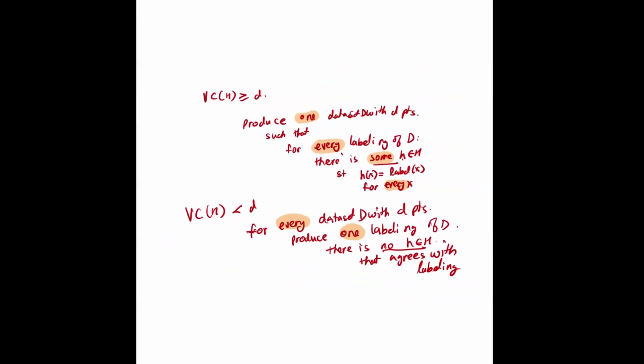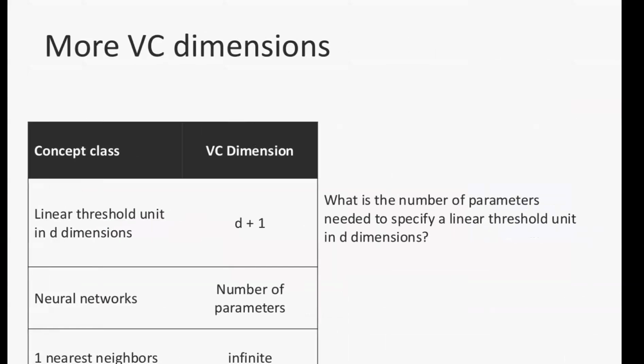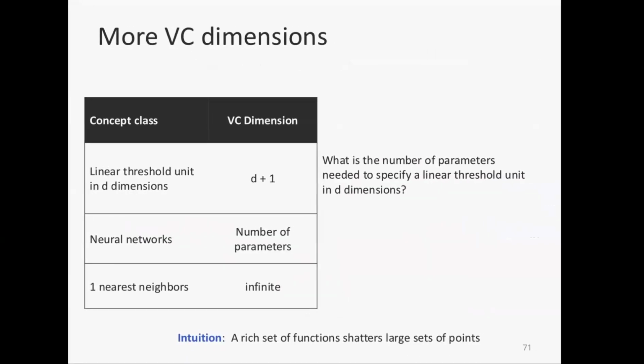It turns out that the VC dimension of linear classifiers in D dimensions is D plus 1, which is basically the number of parameters you have. The VC dimension of neural networks, which we've not covered, tends to be the number of parameters in the network. And the VC dimension of nearest neighbors is actually infinite.